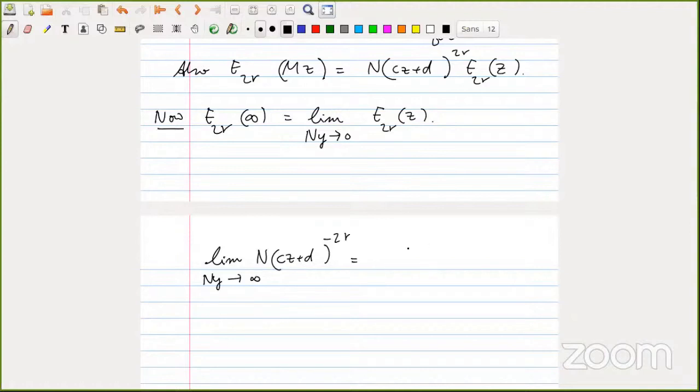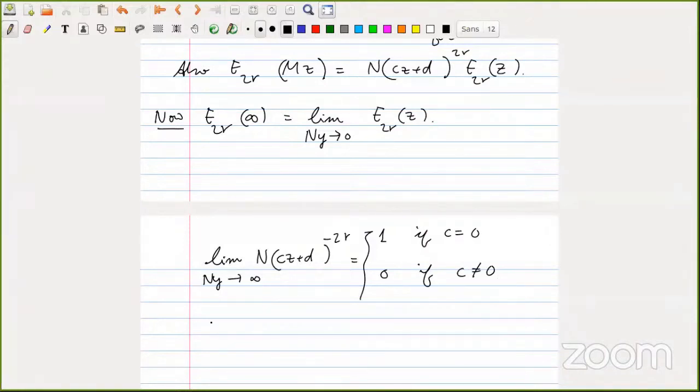If my c is equal to 0, then it will be 1, because I have e to the power minus 2r, and this is a multiplier. So this is 1 if c equals 0, and you can just compute this, and it is 0 if c is not equal to 0.